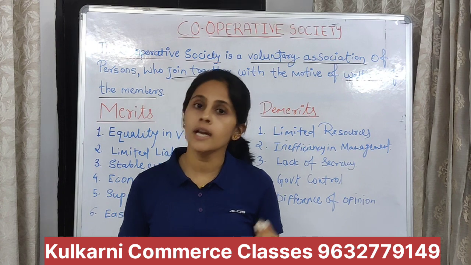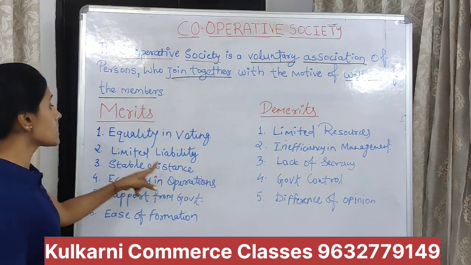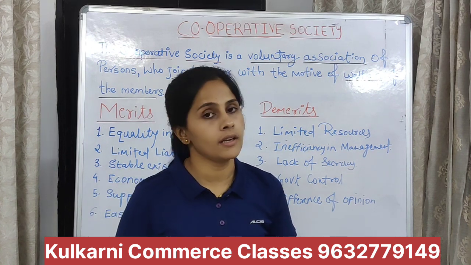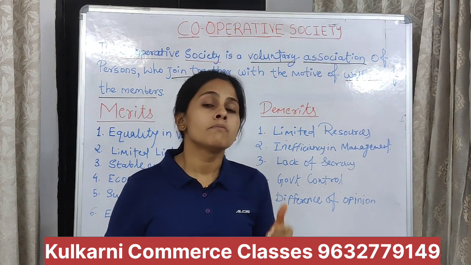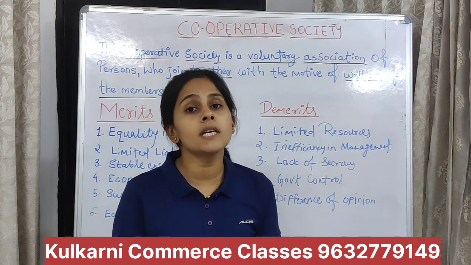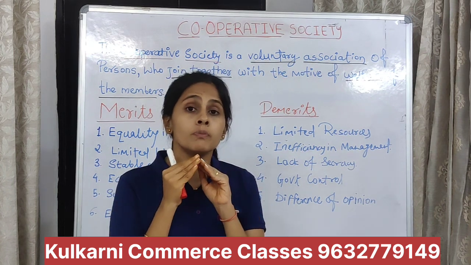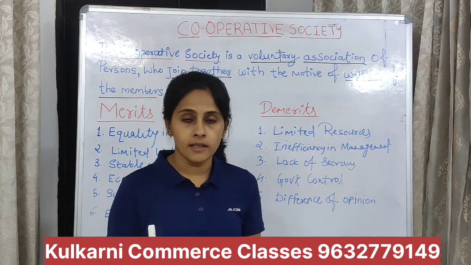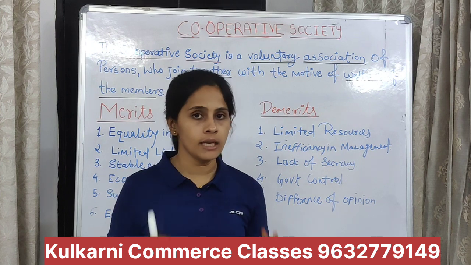Okay, then the third point is stable existence. The existence of the business is stable here. Why? Because members may come, members may go, but the business will be stable. The existence of the business will not be impacted by the entry or exit of any member.